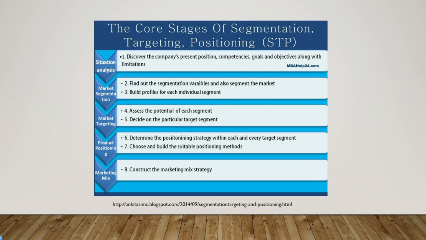Then you have to narrow down, and you find out how to understand the behavior of this particular target group. Let's say this group are of 13 to 19 age, of affluent rich family background, and have a good understanding of technology, right? So you know the lifestyle, you know the socioeconomics, you know how to reach them and how to get them to engage with your product, or vice versa.